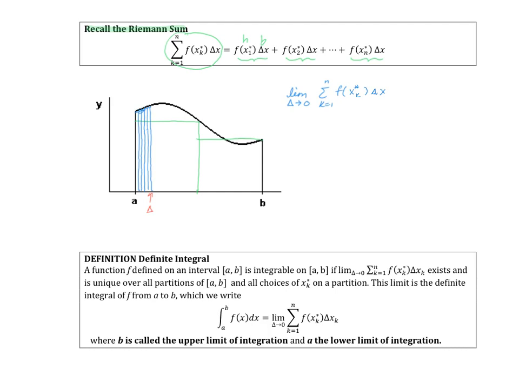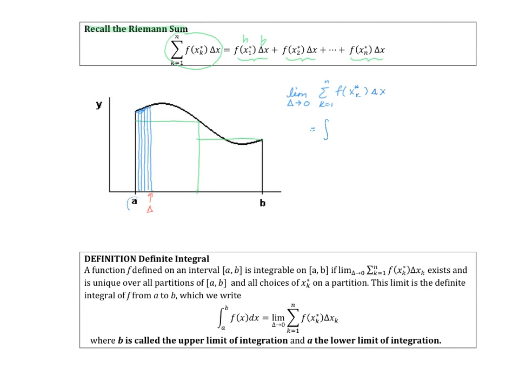So if we take the limit of our Riemann sum as these partitions get smaller and smaller and smaller, that's going to be equal to our integral. So remember, the integral symbol is this weird looking S. That's because it stands for sum.